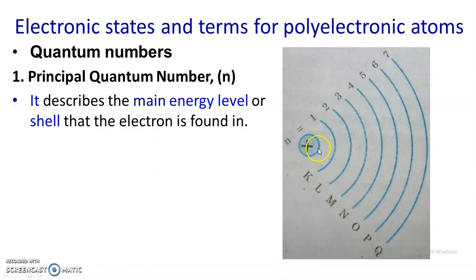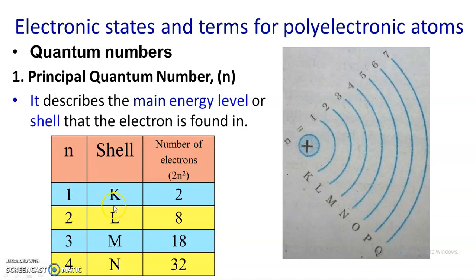Suppose this is the nucleus and these are the main energy levels. These are described by principal quantum number, that is n equal to 1, 2, 3, 4, 5, 6, 7, and corresponding designations are K, L, M, N, O, P, and so on. So these are the main energy levels.